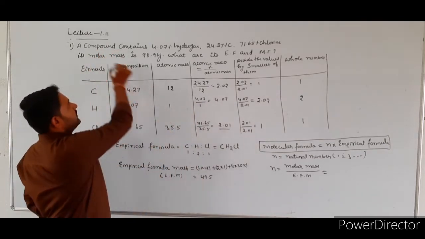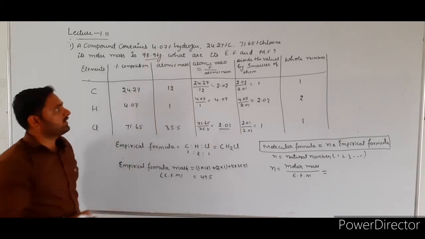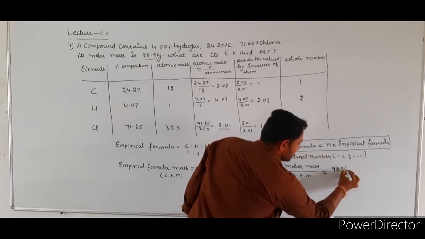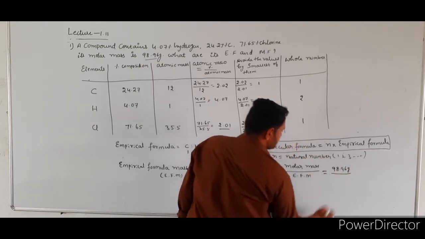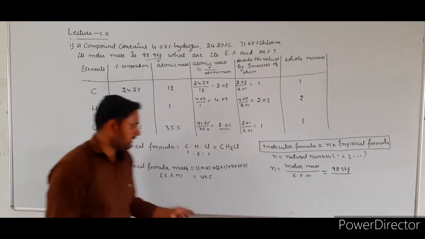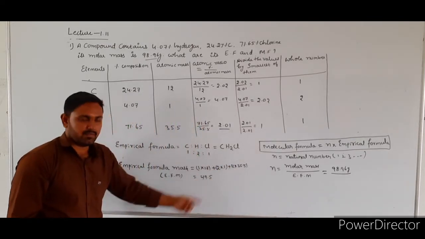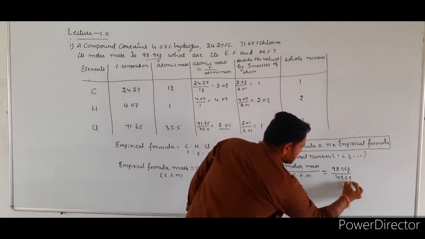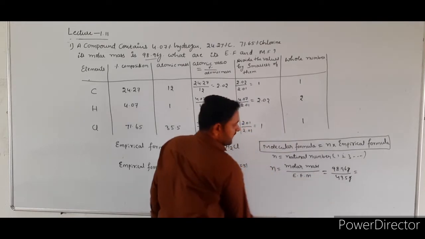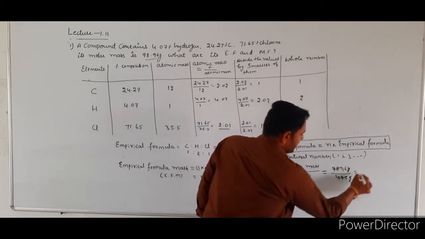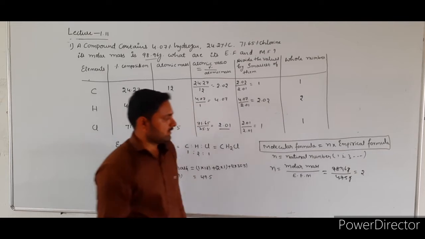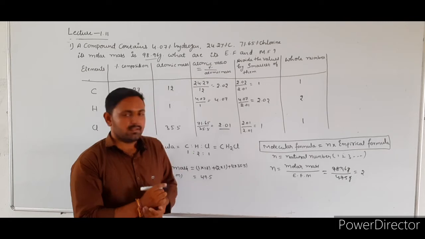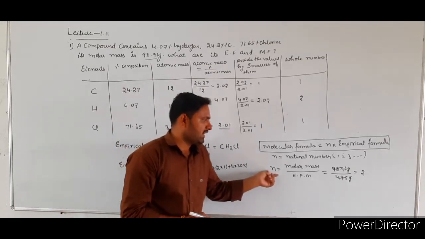The molar mass is 98.96 grams. Next, what is the empirical formula mass? 49.5 grams. Grams get cancelled. Then you will get 1.99, which is nearly equal to 2. Then the n value is 2.